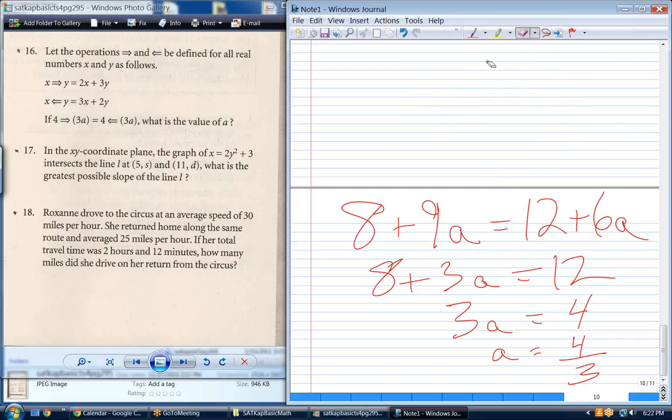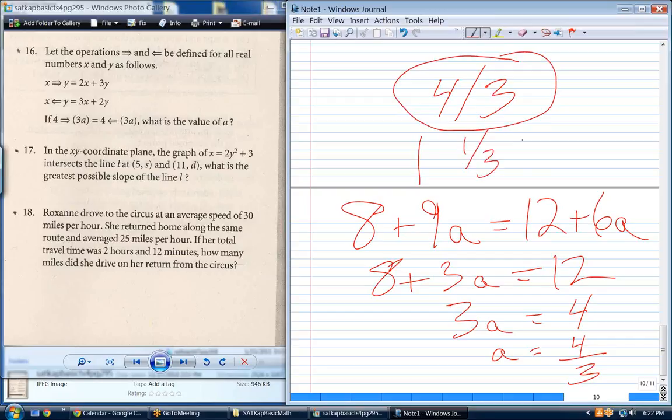The most exact answer is this, and that's how you want to grid it in, as an improper fraction. Definitely not this way. This will be incorrect on the test. This would definitely be correct. This would probably be incorrect. This might be correct.